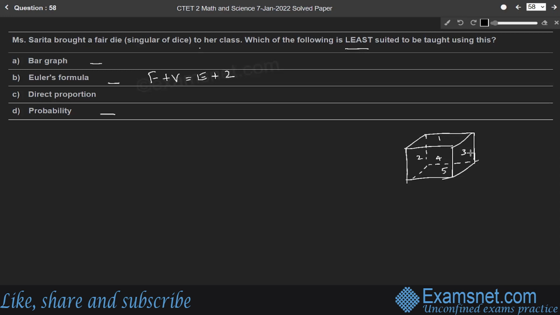Probability can also be taught using a die, as it can be used to calculate the number of outcomes and also see how many times each number occurs in rolling specific times. Whereas direct proportion can't be taught using the die, as it has no relation with the increase and decrease of some quantities in the same proportion, and rolling dice two times may not increase the chance of getting two. Hence, direct proportion is least suited to be taught using die.